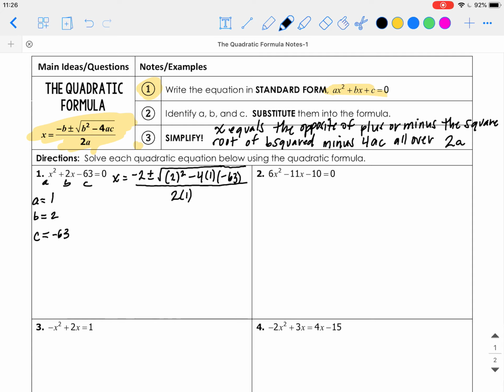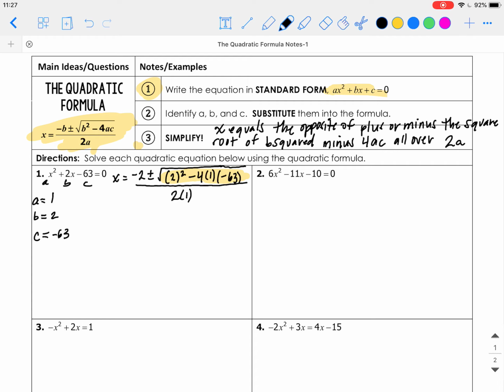Okay, so let's simplify this. Something I like to do, and if you guys don't have a calculator at home or if you don't feel like using your phones, you can go on Desmos.com, that calculator that we've used in class a few times, and I'm just going to plug in this entire thing in there. If you want to do it by hand, go for it, but we have technology, so don't kill yourself.